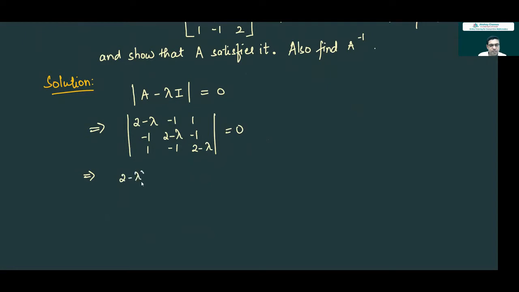2 minus lambda times 2 minus lambda the whole square minus 1. Minus of minus 1 is plus 1, the second term.